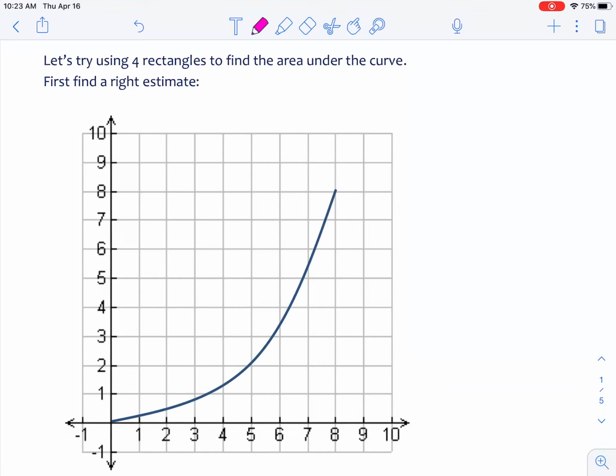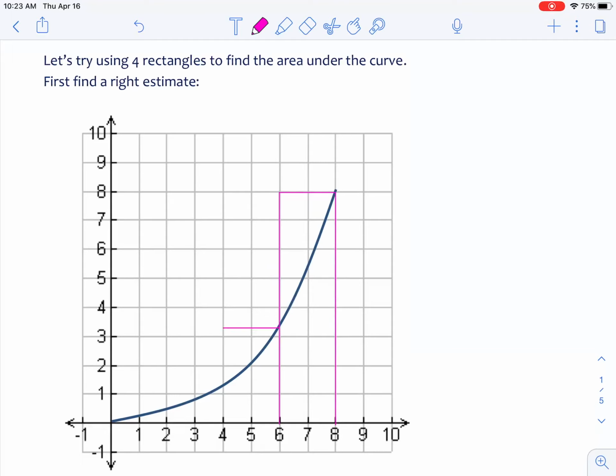Now, since it's a right estimate, I'm going to start on the right-hand side. At 8, I'm going to create a rectangle that's 2 units wide, where the top part of the rectangle is hitting the curve on the right-hand side, since that's a right estimate. And then I'm going to make the rectangle.